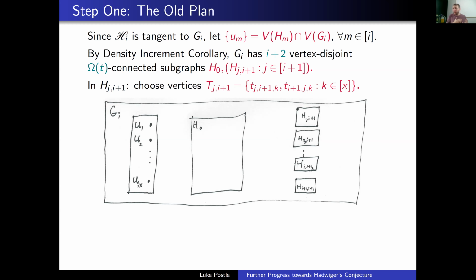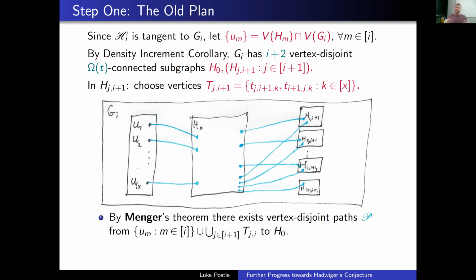So this is to remind you about the old plan, right? So this is basically the old plan, except we have these U's, the old part of the model we'll have to worry about. We'll have a hub H0, and we're only going to need one column of these small subgraphs, because we're only building one column at a time. And in H_J^{i+1}, again, we'll choose vertices T_J^{i+1}, not drawn, inside each one to build complete minors on.